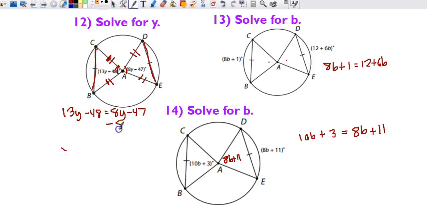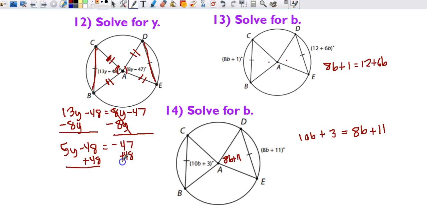When you're working these out, you're solving the equations. I know you've done a lot of equation solving in the past, so I'll take you through this pretty quickly. This is going to be 5y minus 48 equals negative 47. Add the 48, that's 1.